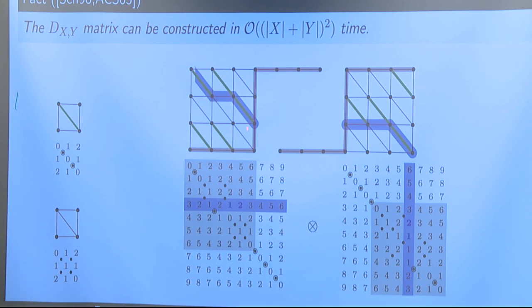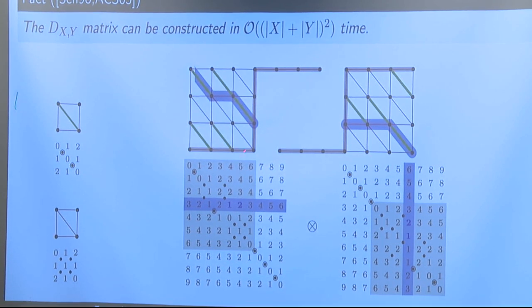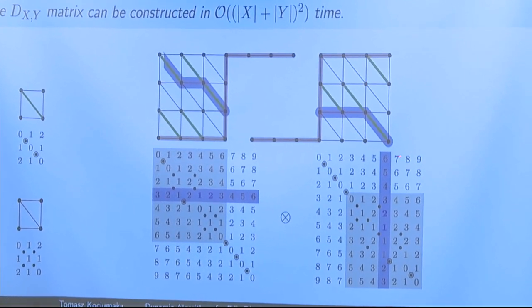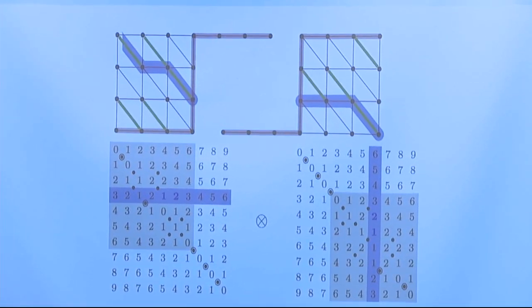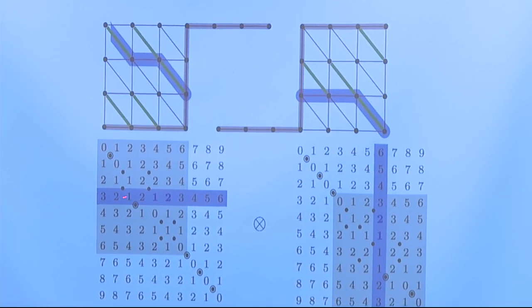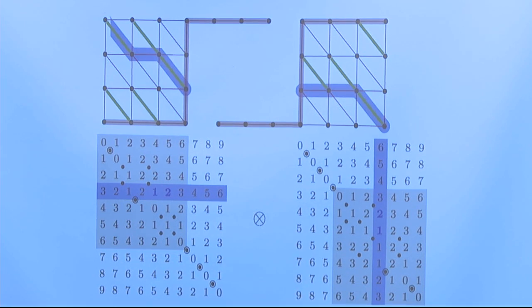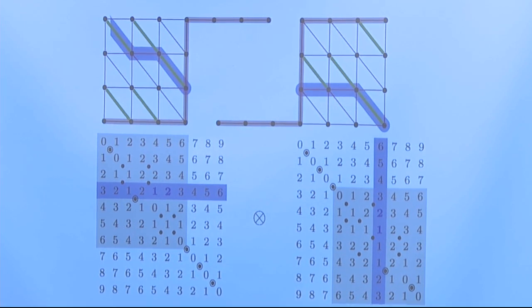We don't know where it does, but the distance matrix gives us all the distances from the input to this separator. And then the other distance matrix has all the distances from the separator to the output vertices. So we have these two vectors, a row here and a column here. And the distance is just the min-plus product of these two vectors.